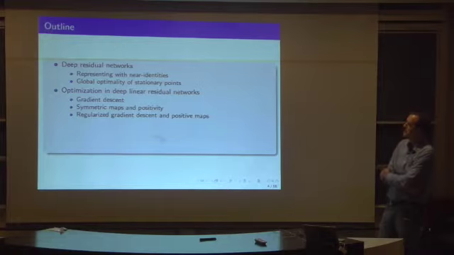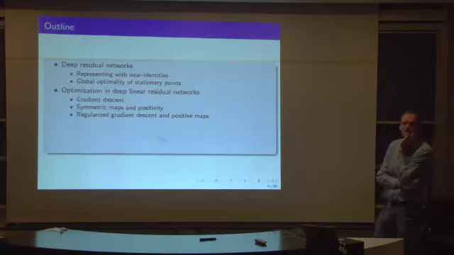And so we'll look at some results about optimization in these networks. To do that, we go to the kind of simple case where we remove the nonlinearities and assume that we're taking a composition of linear functions, which is, you know, a crazy thing to do because a composition of linear functions, of course, is a linear function.